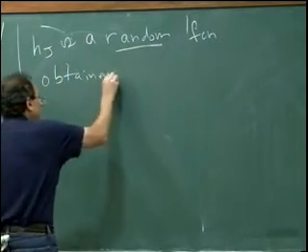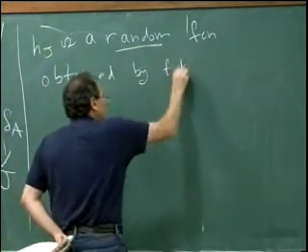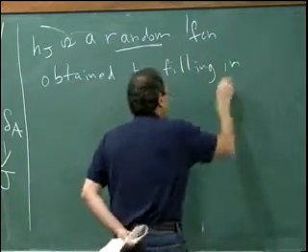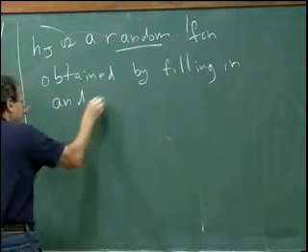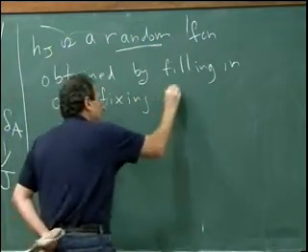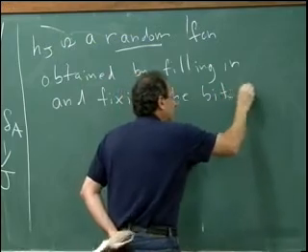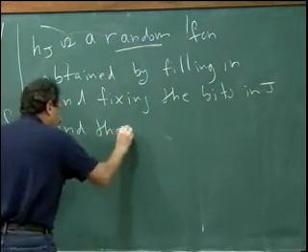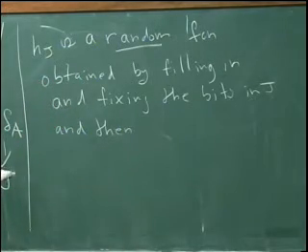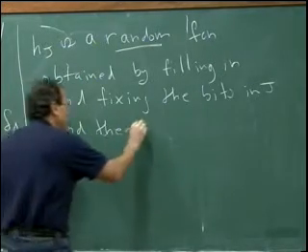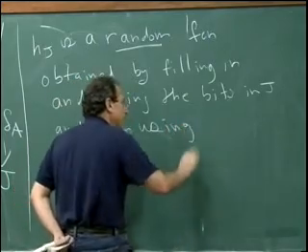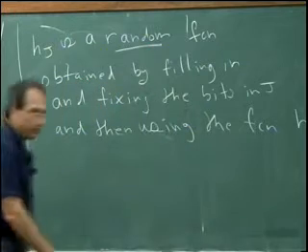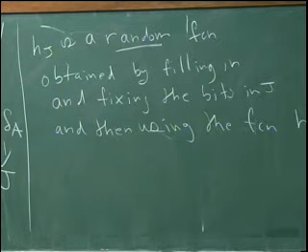This function I'm going to describe is random, and basically it's obtained by filling in and fixing the bits in J and then using the function h. Okay, let me try to describe this. If you're confused, I'm sure you're not alone.